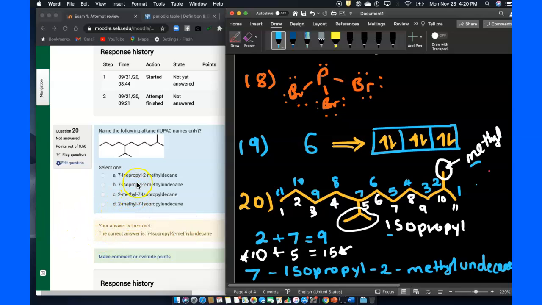So the answer is 7 isopropyl 2 methyl undecane. On my side, your answers might be scrambled, but the answer here on my side happens to be choice B for me. The main point is not even really the alphabet, it's the answer itself. 7 isopropyl 2 methyl undecane.